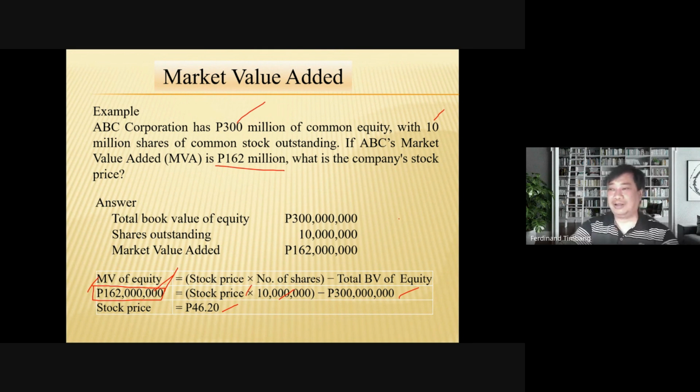No? Kaya baling pag-compute lang naman ito. So ito, i-add lang natin dun sa 300,000 at 300 million and then we divide by 10 million. And we will get the 46.20. No? But actually, dapat yung problem, ito ang hinahanap natin. Ha?